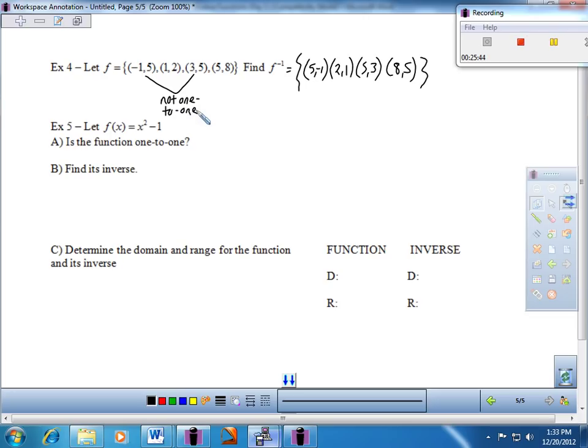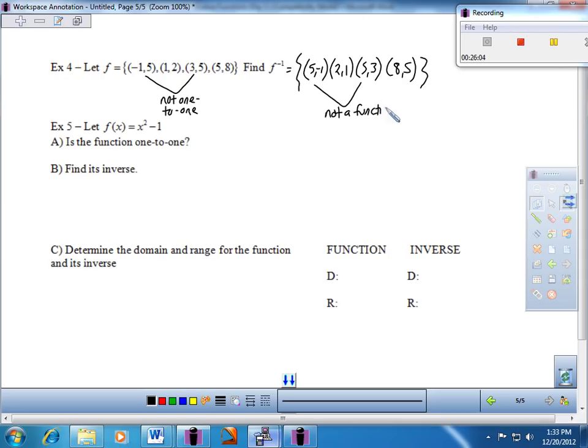So look at the conclusion above on your paper. If the function is not one-to-one, is the inverse that we created a function at all? And no, it's not. And here you can see that this makes it not a function.